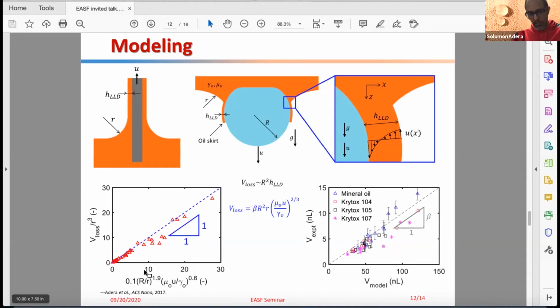And we also compared it with our model, where this V loss is our model, and what we measured from our TGA experiments. They agree reasonably well. By fitting a straight line, we got this beta constant that we used for the proportionality constant. And the results from this modeling match exactly the results we got from the Buckingham Pi analysis.